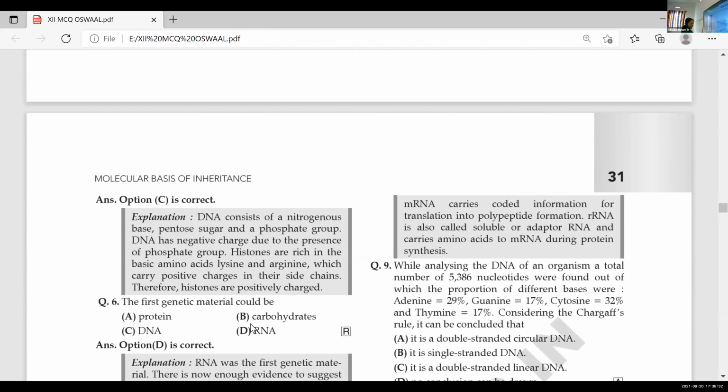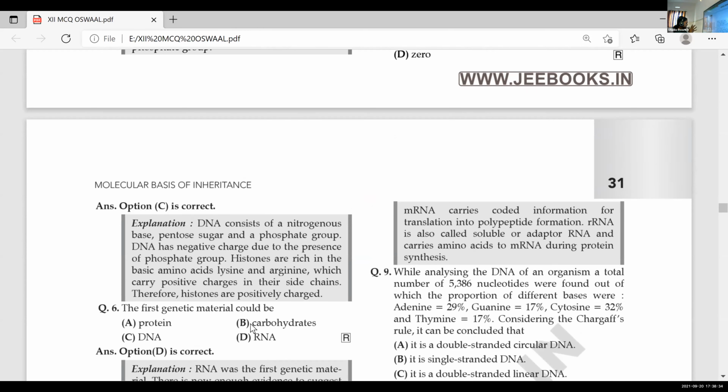While analyzing, see children, I think a similar one we had done last day also. Never think that the percentage of adenine, thymine, cytosine, guanine, everything should be equal. It's not like that. First we'll read. Same question, I think, we had seen in the sample paper.